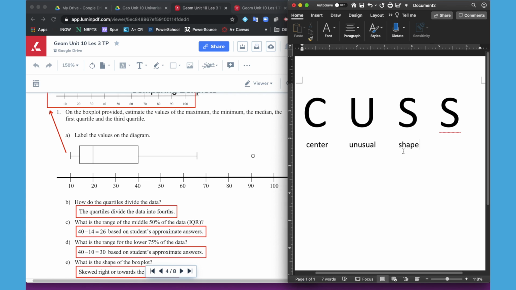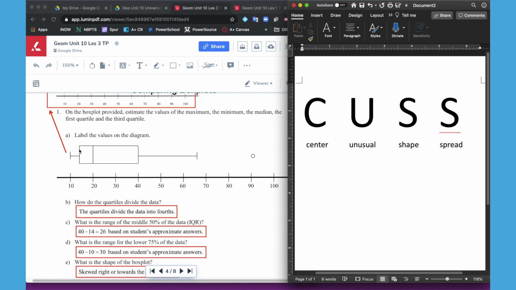And then the last S is spread. Spread has to do with your range. Here, if we include the outlier, the data set has a range between approximately 10 and 90. Without the outlier, there's a range from 10 to about 67, approximately.